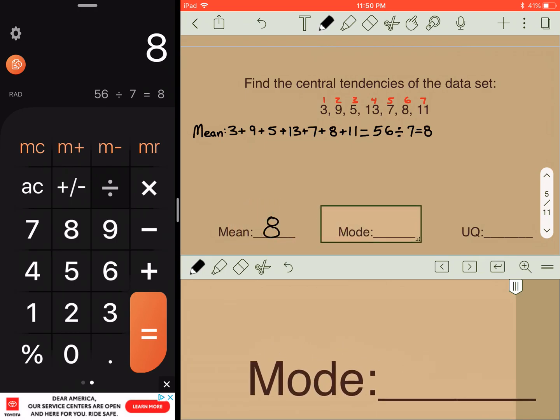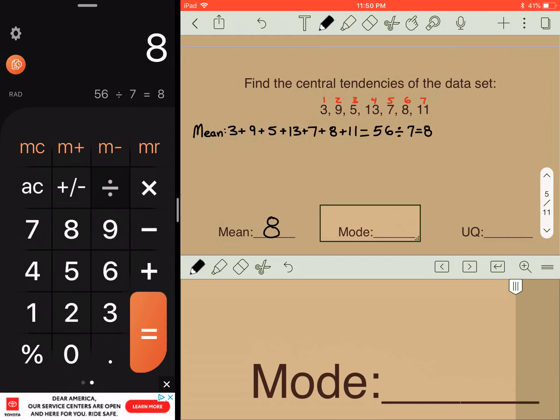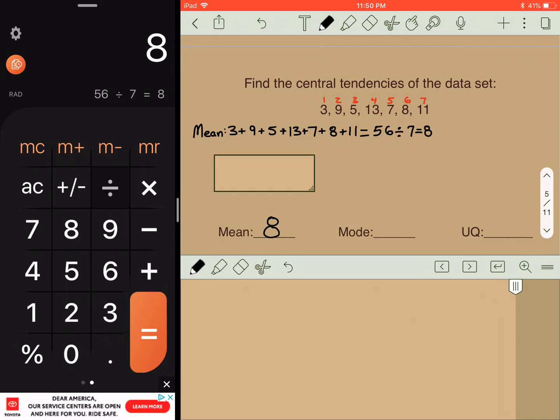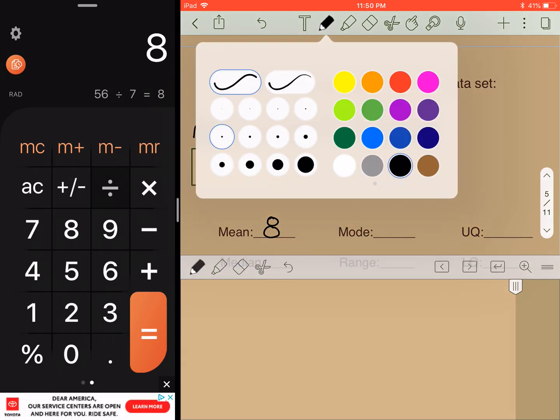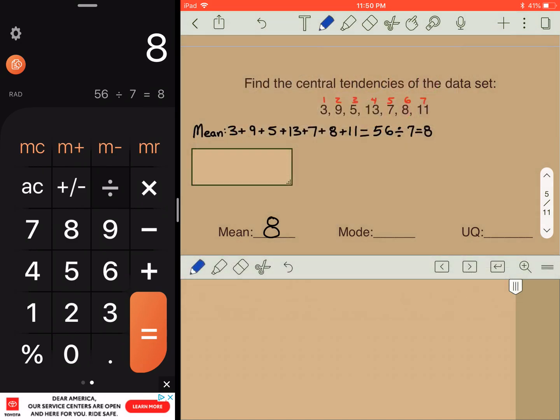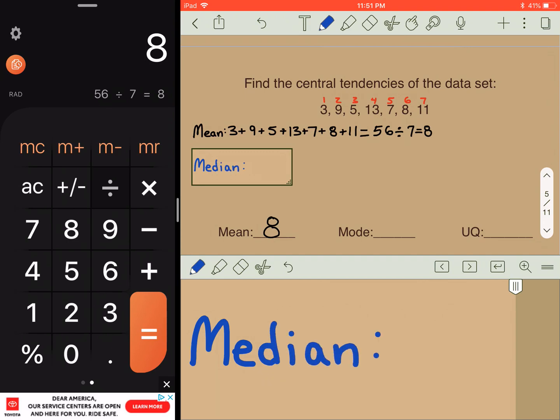The mean I usually find first by adding all the numbers together. My next step is usually to find the median, and we do that by finding the number in the middle. But the most important part about finding the number in the middle is that we order our numbers from least to greatest.